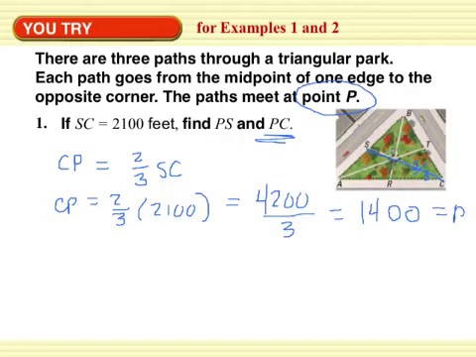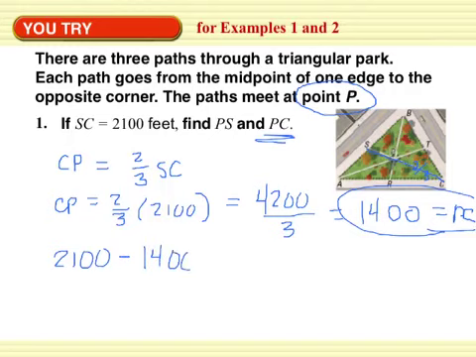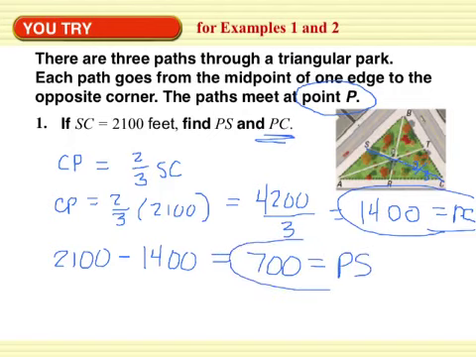PC is 1,400 feet. And you can just do some simple subtraction. The original, like the full segment length, is 2,100 minus 1,400 means that PS is 700 feet. Okay, you try the next 2.